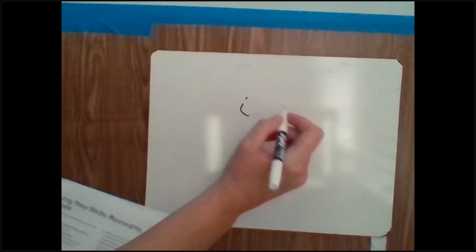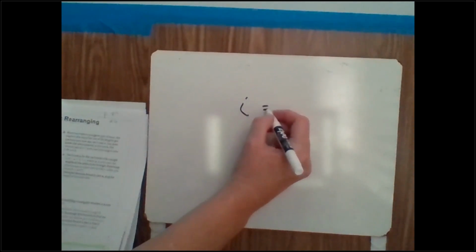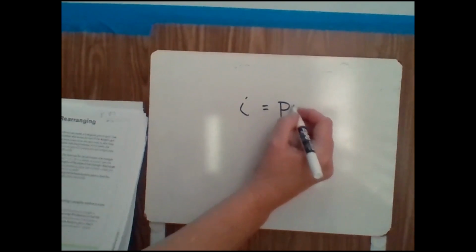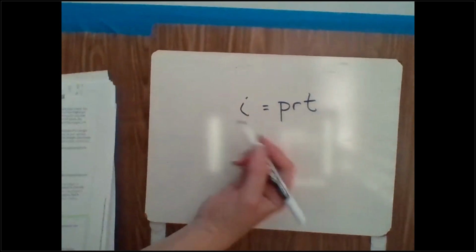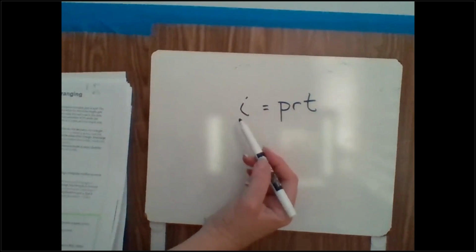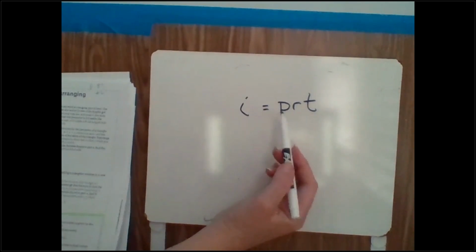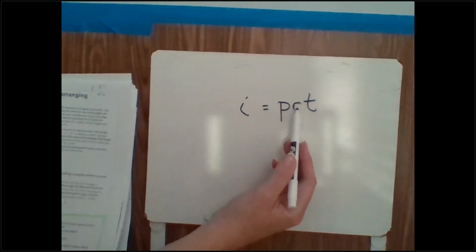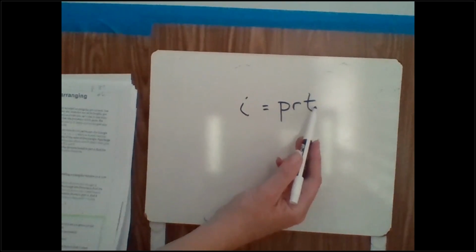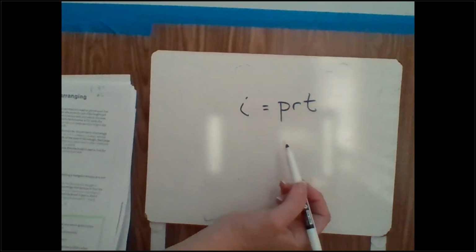So the formula is, and this is just a formula you memorize, this isn't anything we figured out. This is just a formula that you know to figure out interest. The interest that you're going to pay is going to be the principal, the amount that you borrowed, multiplied by the yearly rate, multiplied by the amount of time.